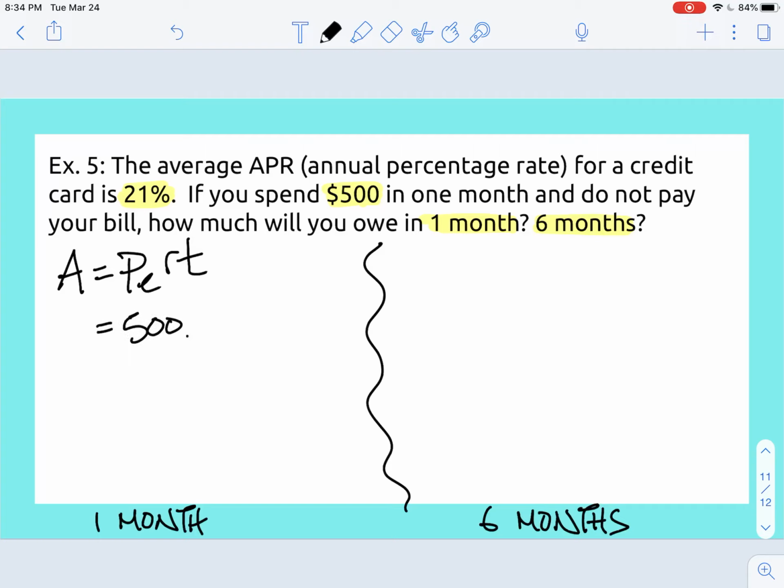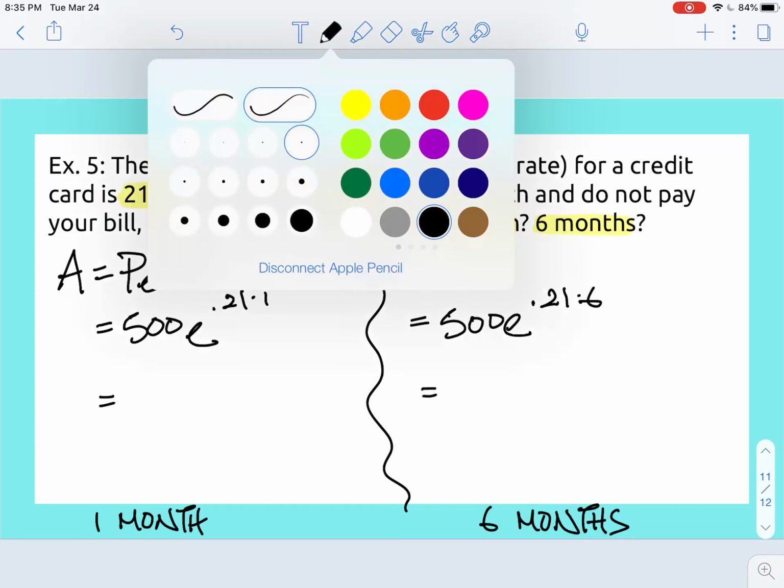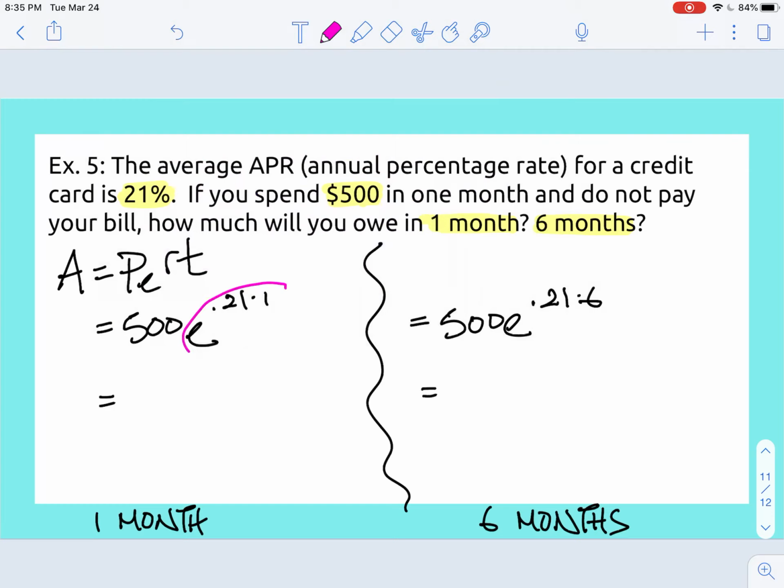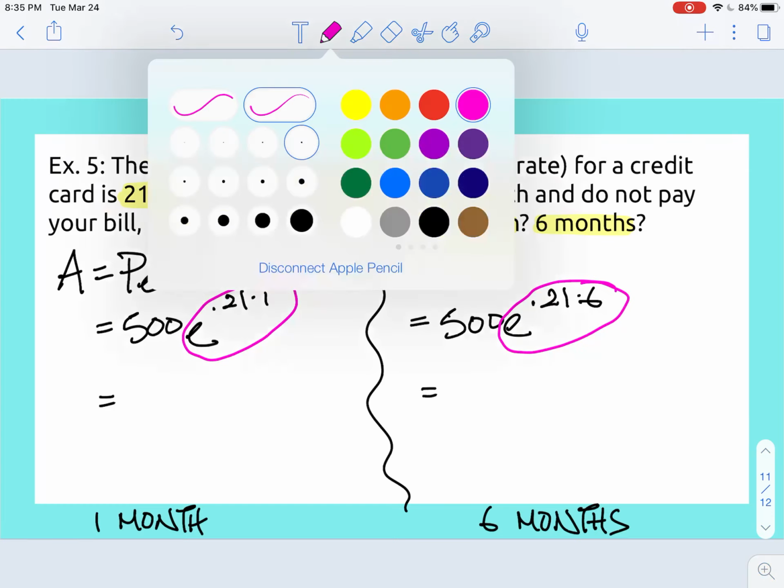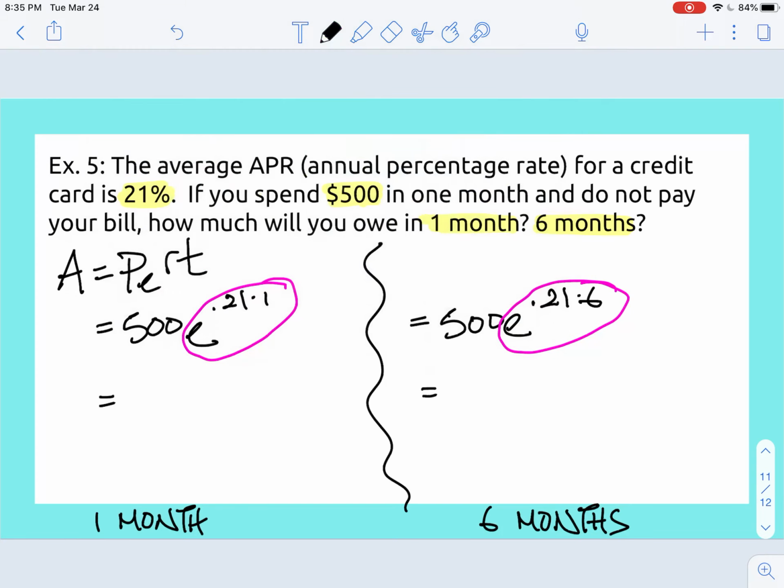We're going to start with our 500 E to the, don't put a 21 here, but put a 0.21, and then times 1 for the 1 month. And on the other side, we'll do 500 E to the 0.21 times 6. Do this part first. Do this part first.